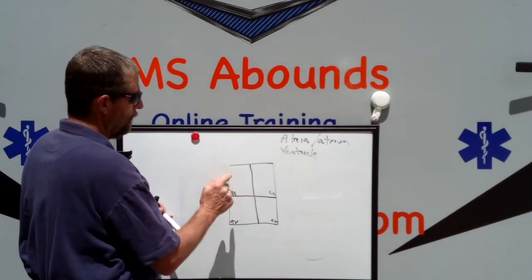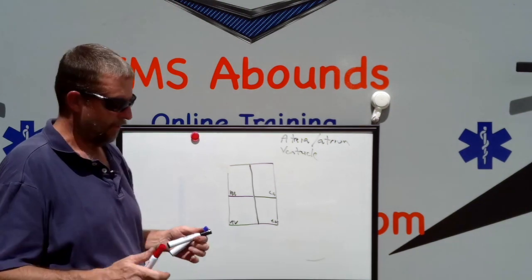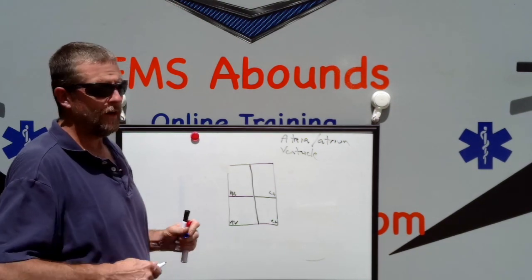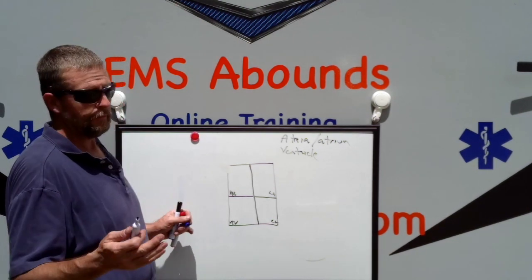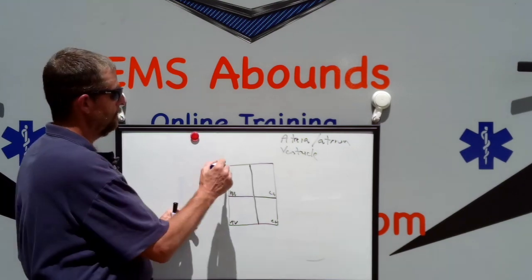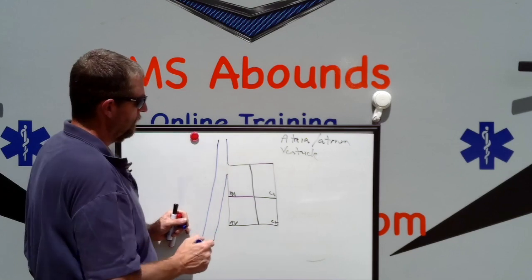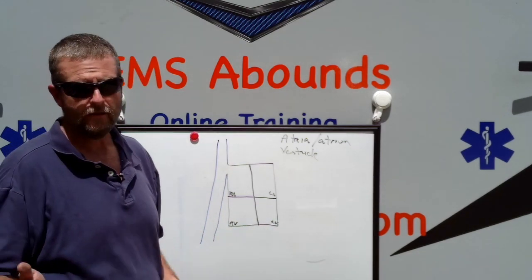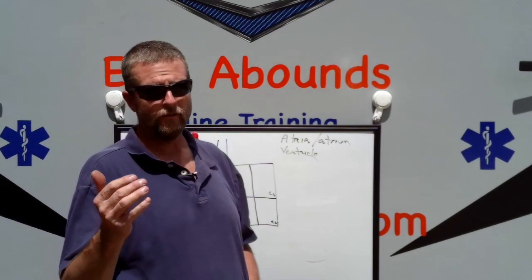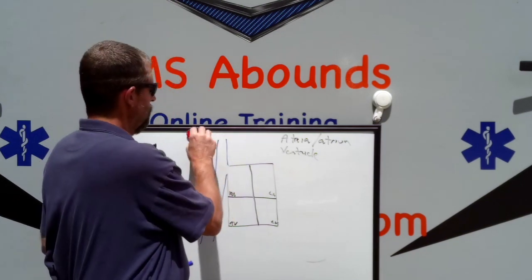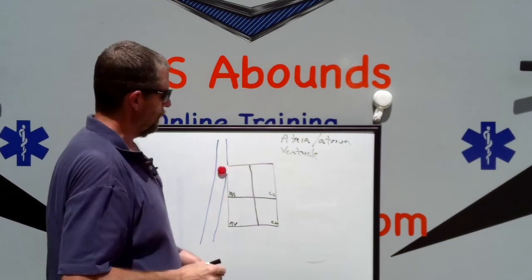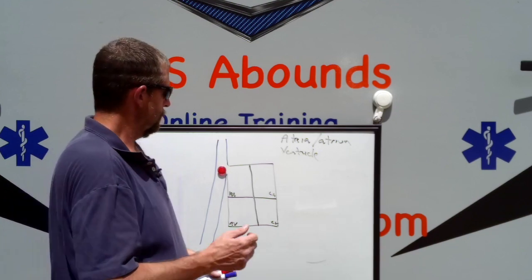So we have veins leading back to the heart. The main one that leads back to the heart is called the vena cava. And it puts blood into your right atrium, which then pumps blood into your right ventricle. Okay. So there's my drop of blood.